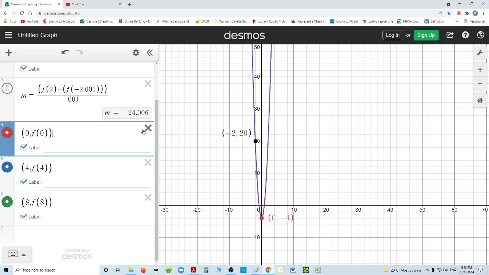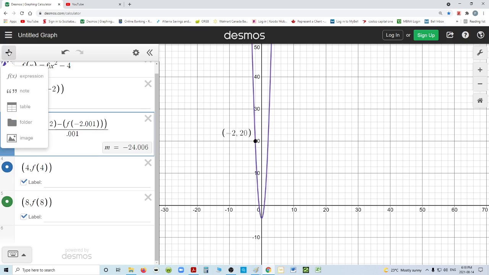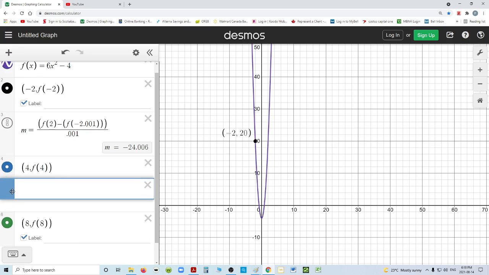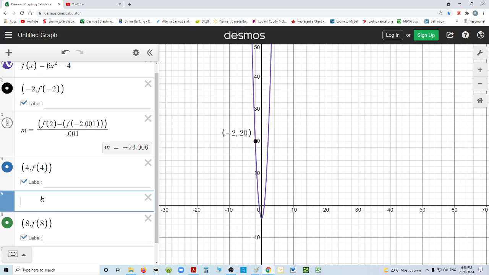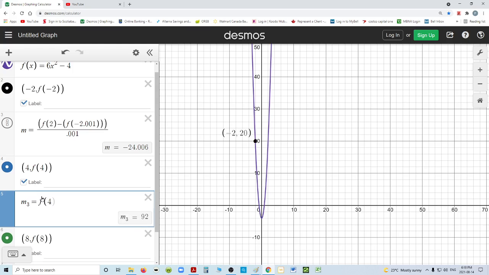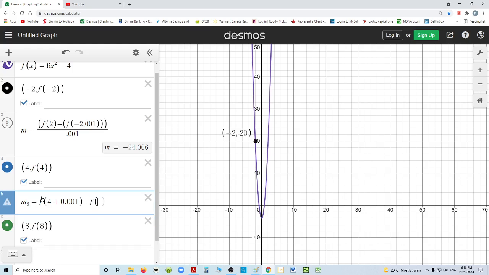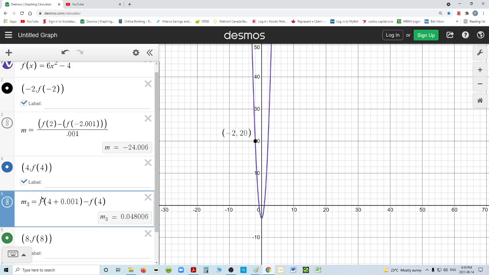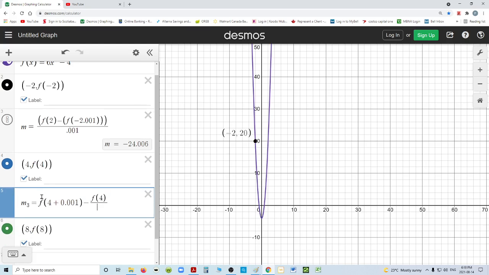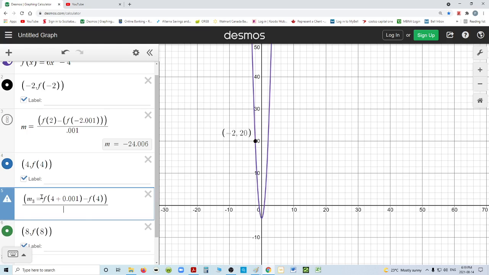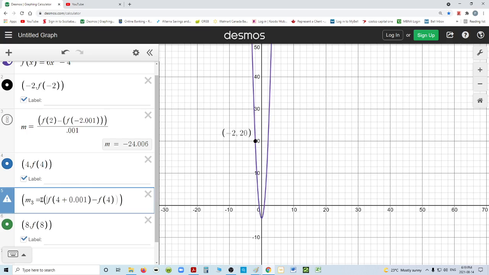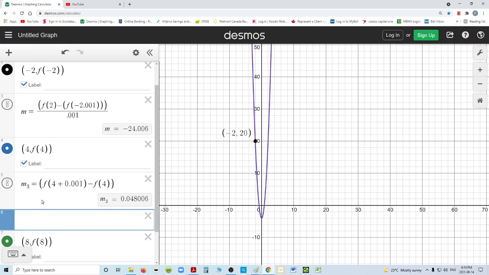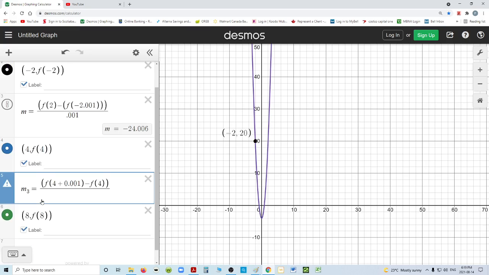Let's take the next one. I'm going to add an expression, put it down. And we're going to take m3, which is going to be f of 4 plus 0.001, so that's our h, minus f of 4, divided by, I had to put a bracket over here, divided by the h I added.